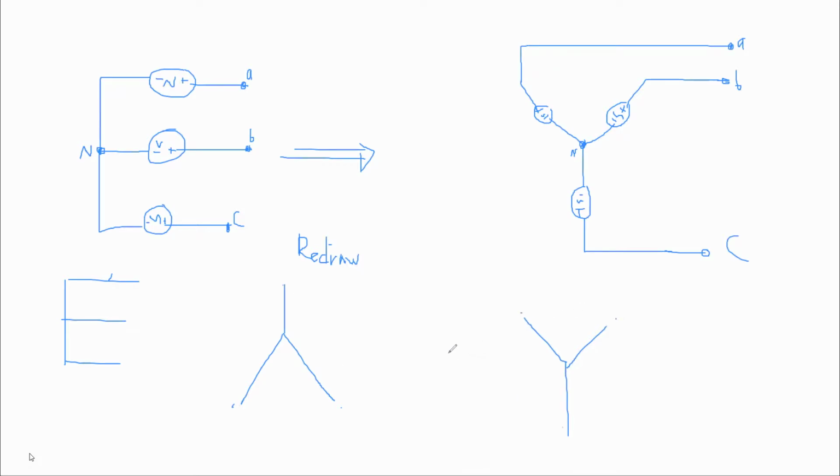Is this okay so far? So one way to connect the source or the load of a three-phase source or three-phase load is to connect it Y. How to connect Y? You take the negative terminals all together and you leave the other ones to be connected to this load.